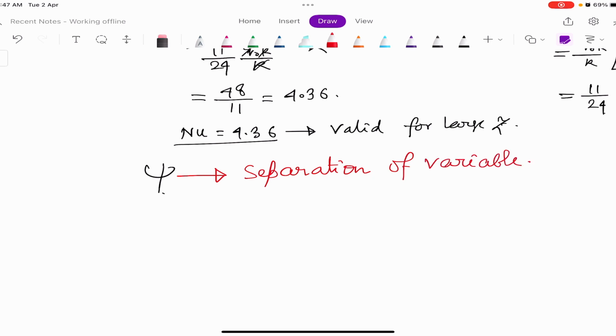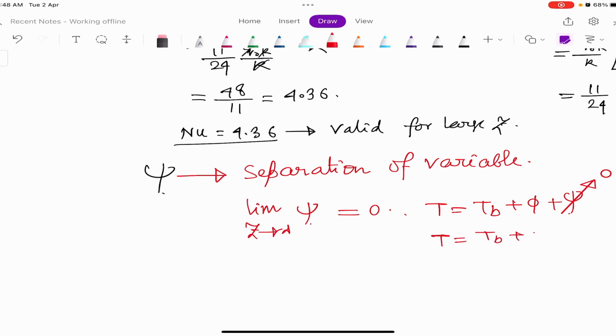After that you will get a solution where, if you put the limit z tends to infinity of psi, that will go to 0. And that directly means T equal to Tb plus phi plus psi. So if we take z tends to infinity, then psi goes to 0, then T equal to Tb plus phi.